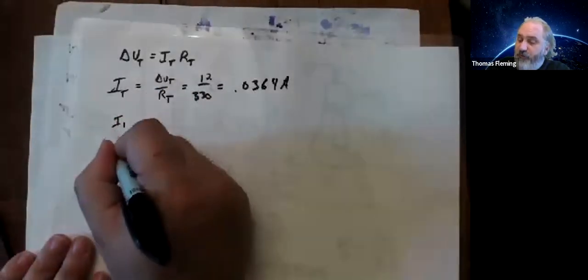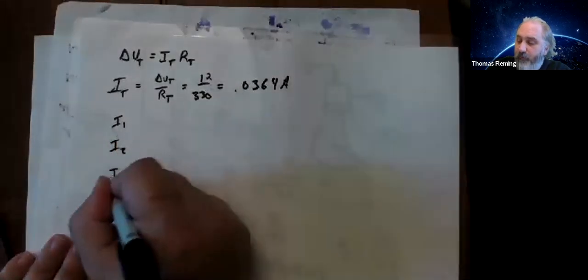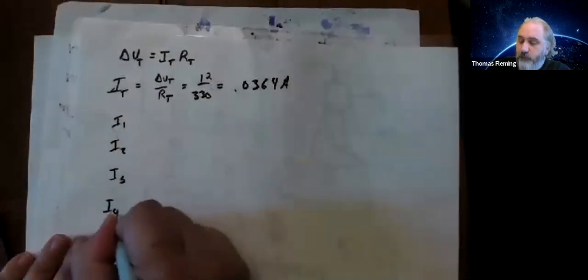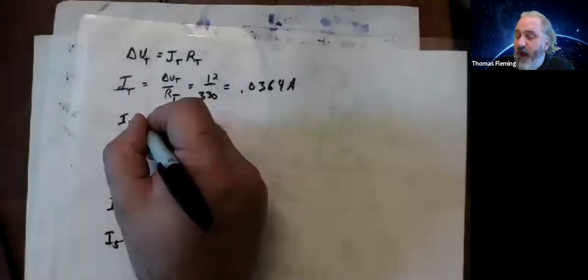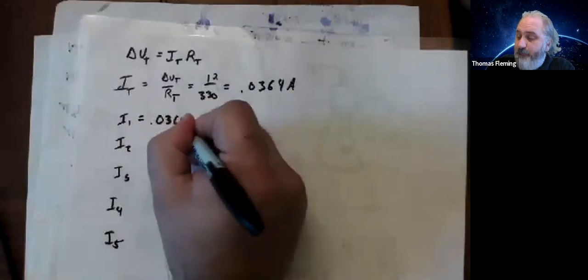So if I'm keeping track of all the different currents that I've got, I've got 5 different currents to keep track of. I1 for sure has to equal I total. If I could just go ahead and fill that blank in right now.